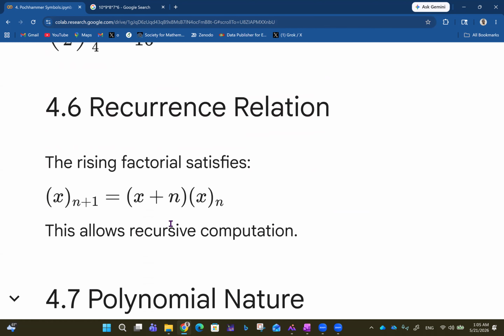So gamma x plus n, that's just x plus n times x sub n. So this allows recursive computation, so we can keep doing recursive computation. This tells us that x sub 3 will be x plus 2 times x sub 2, and x sub 2 is x plus 1 times x sub 1, like that. So this will now allow for recursive computation.